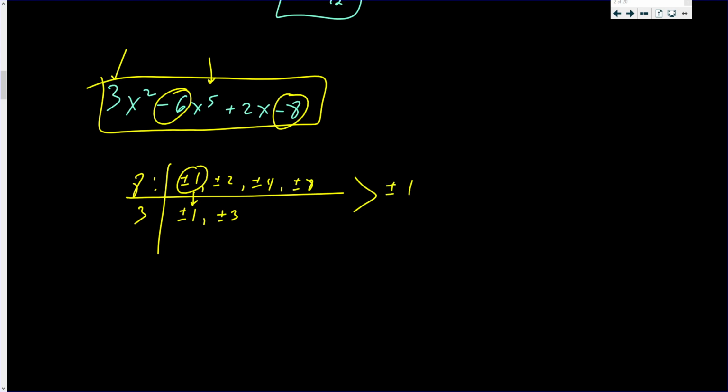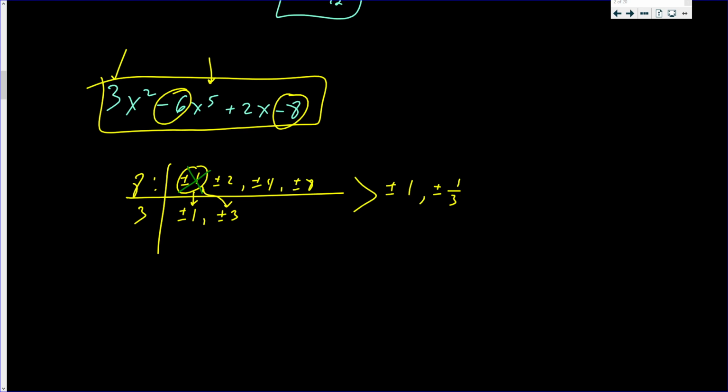1 over 1 is 1. You get plus minus 1. Then you do plus minus 1 divided by plus minus 3. 1 divided by 3 is plus minus 1/3. When it came to plus minus 1, we used all the possible denominators, namely plus minus 1 and plus minus 3.